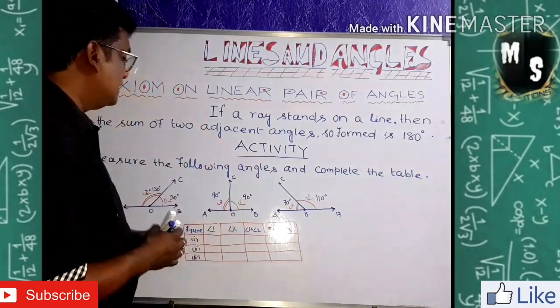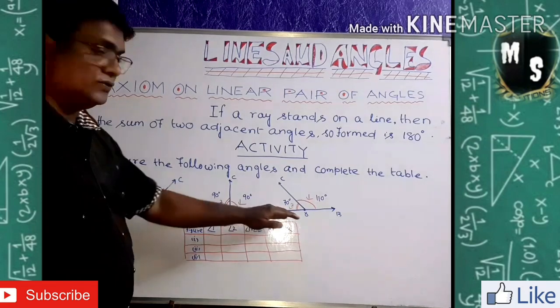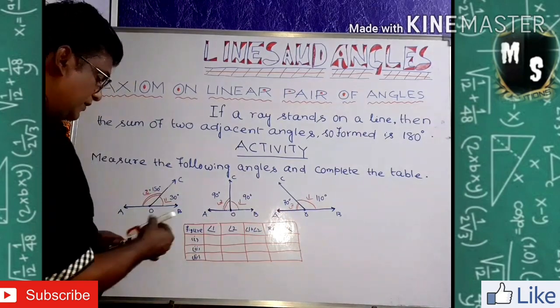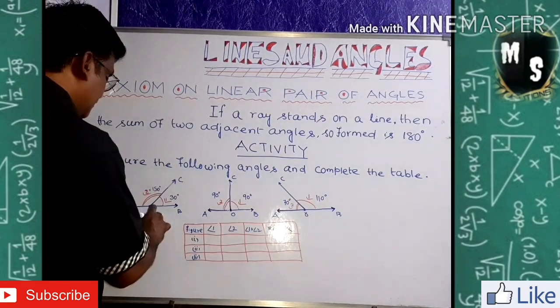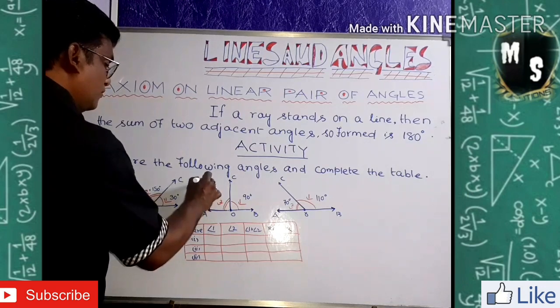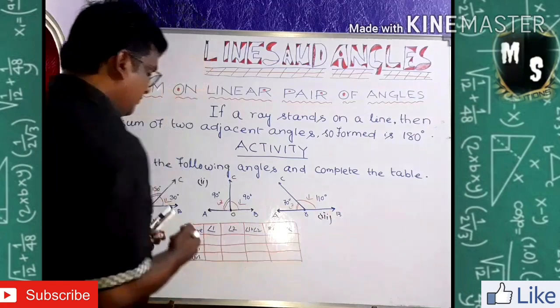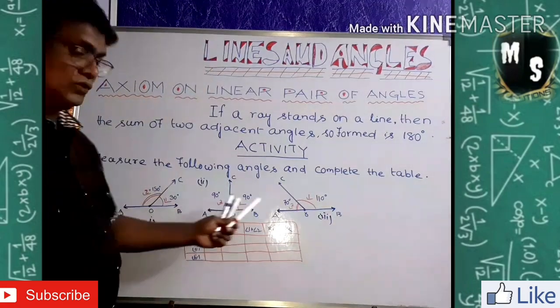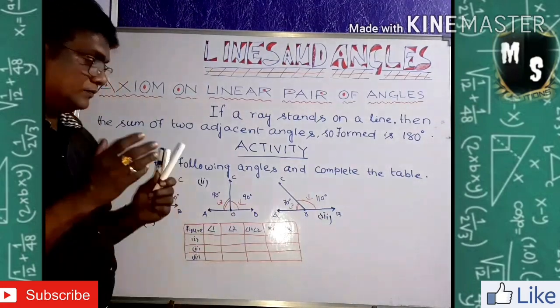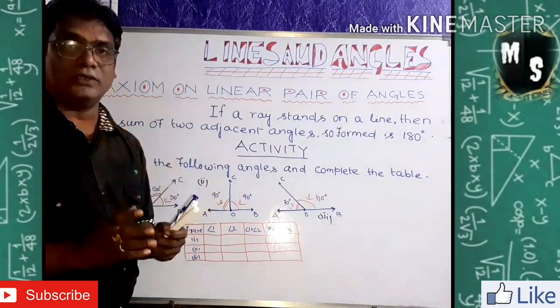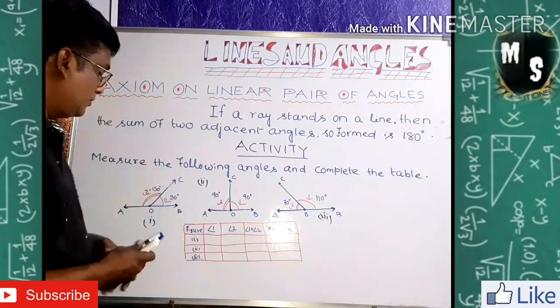For that reason, I took three figures. This is figure number 1, this is your figure number 2, this is your figure number 3. Like that, you take three figures in your notebook, and with the protractor you start to measure the angles.